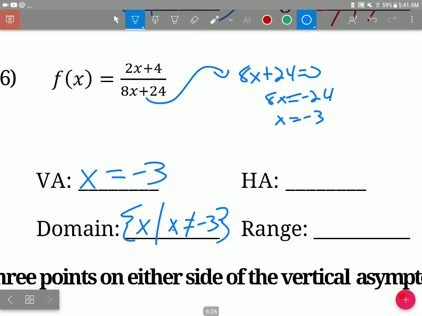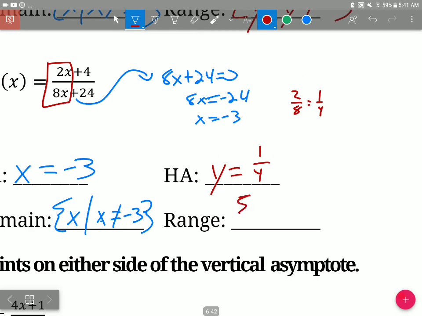My horizontal asymptote, remember, we just take the numbers off the front. So that's y equals 2 over 8, which is 1/4. That's my horizontal.